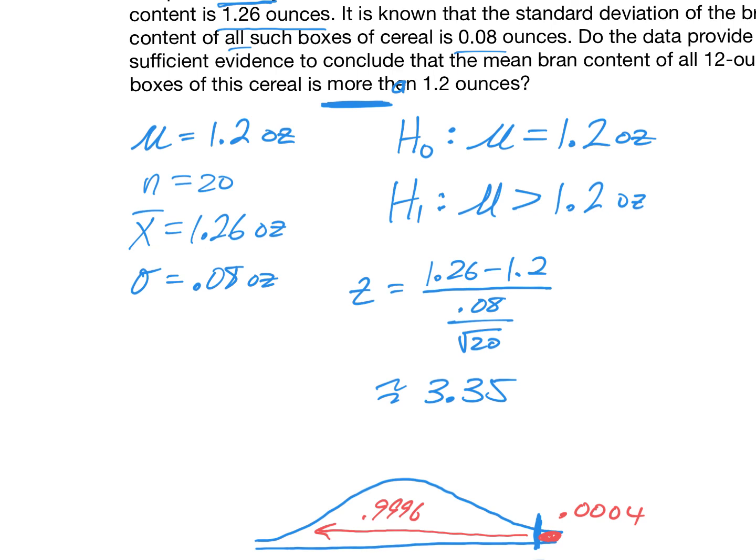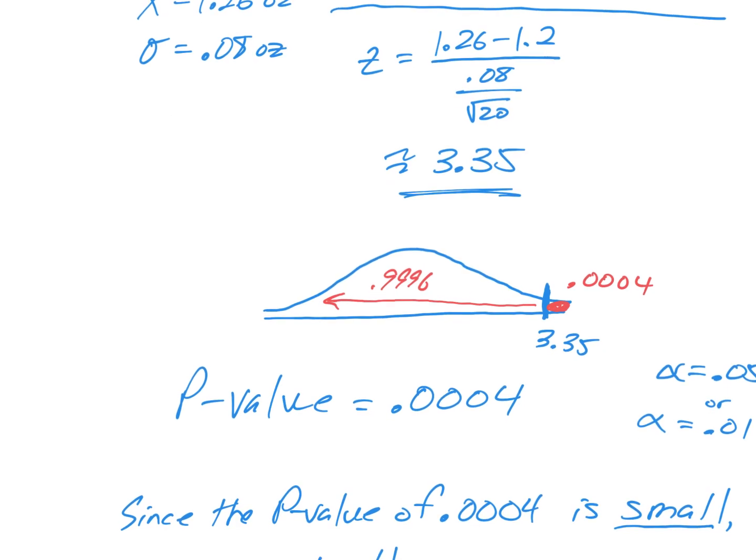From there, you are going to write 2 hypotheses. The null hypothesis always has an equal sign, and the alternate hypothesis can be less than, greater than, or not equal to. From there, you will find a test statistic called z by doing a formula: x bar minus mu divided by sigma over the square root of n. It'll yield a z-score. With that z-score, you're going to draw a standard normal curve.